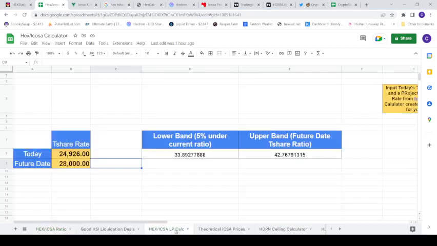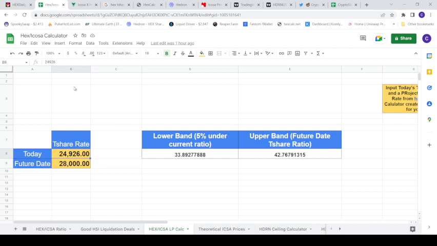So now we'll take a look at the LP calculator. This one is really useful if you want to try to play with some LPs on the Hex Icosa pair.